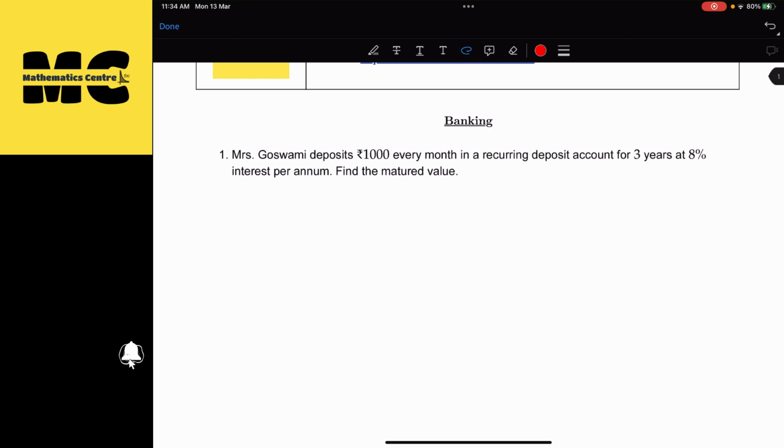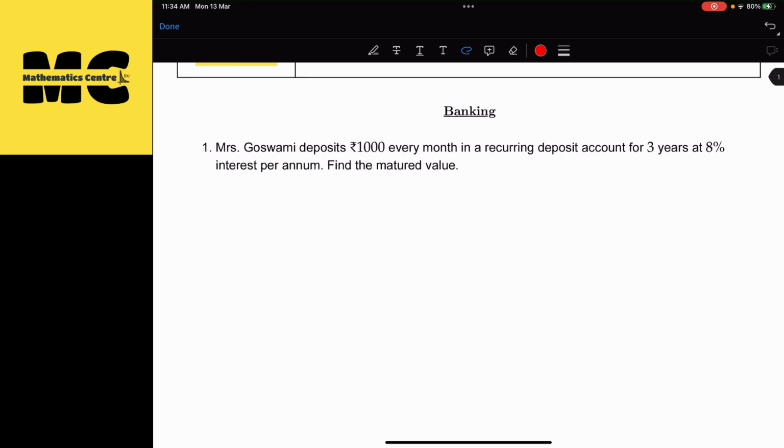Now we have to write down the list of information which we will get. In any problem of mathematics, you should remember this thing: first we will write down the given information, then consideration, and then the third one is calculation.